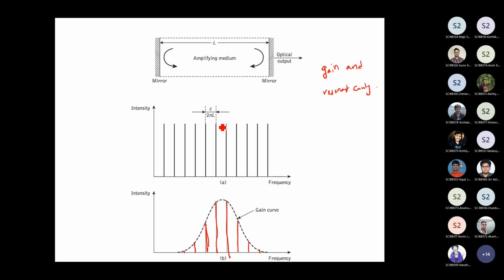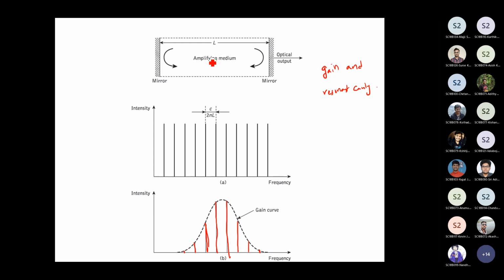Now, if you look at the individual output of this resonator, you would see that there is a particular spacing between each of these frequency components. That separation is actually decided by the length of this cavity.